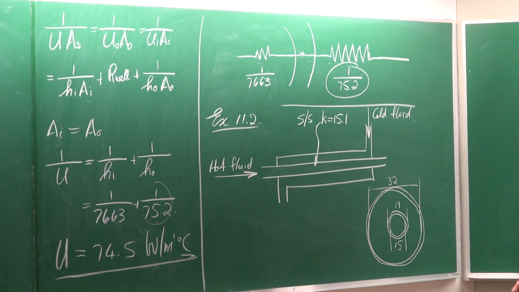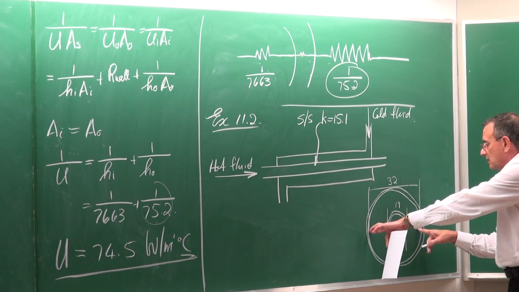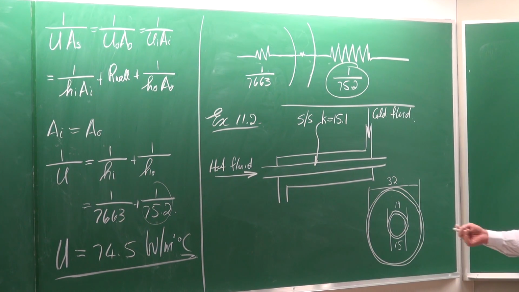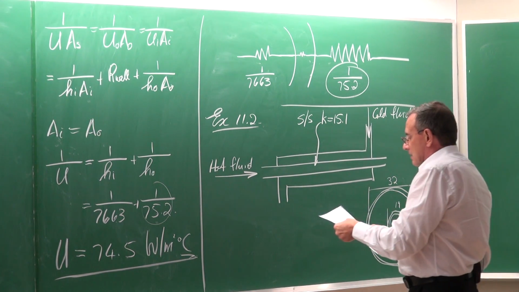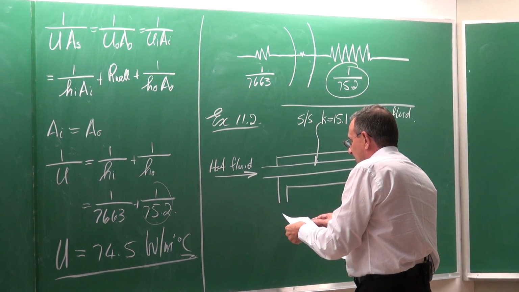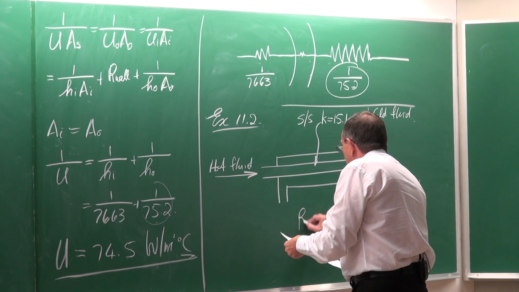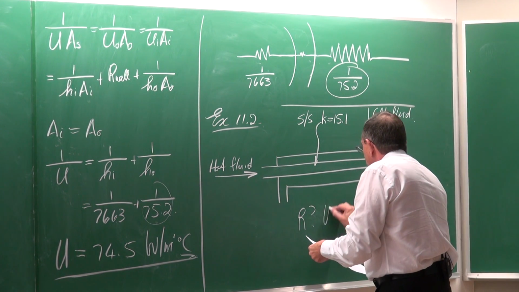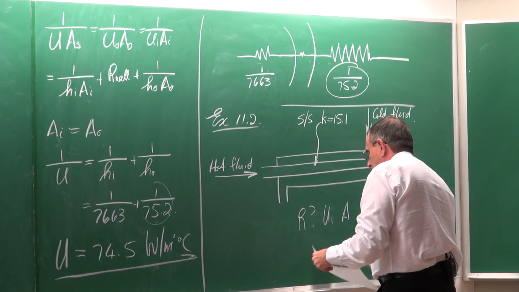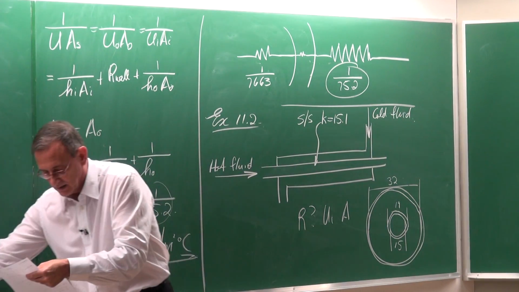Now you will see in many cases when the annulus dimensions are given, only this dimension is given, because that dimension doesn't really play a role. So again, for this problem, we have to calculate the overall heat transfer coefficient, the heat transfer coefficient on the inside, and the overall heat transfer coefficient on the outside.